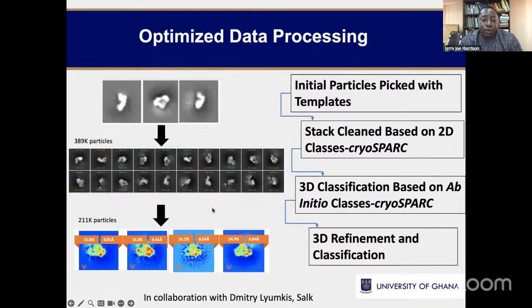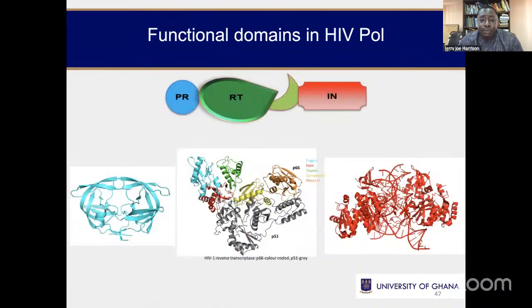This is just the workflow that we did, and everything we did was in CryoSPARC initially, and then later we had to do some other work in other software, but most of the work that we did in Dimitri's lab, we used CryoSPARC.